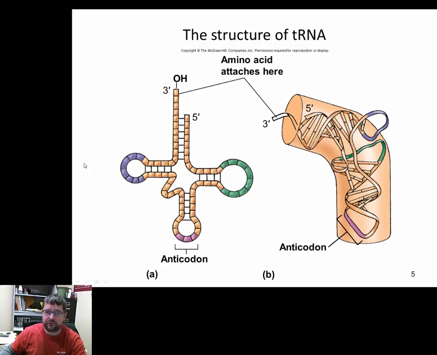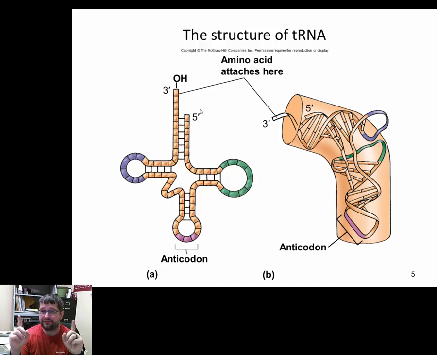All right, so here's that transfer RNA molecule. And you can see, remember when I was talking about the difference between ribonucleic acid and deoxyribonucleic acid? I said that ribonucleic acids are single strands. They're not double-stranded.